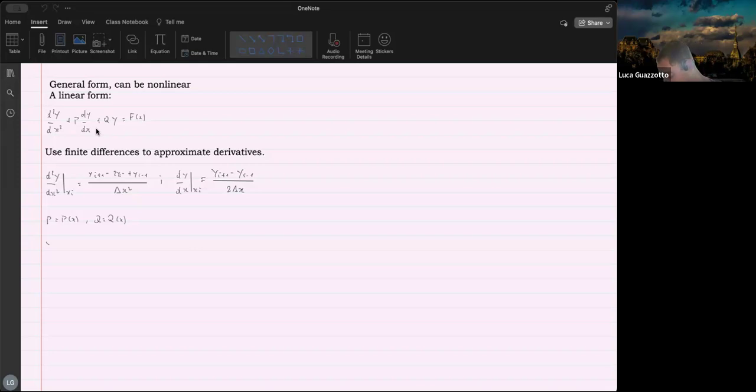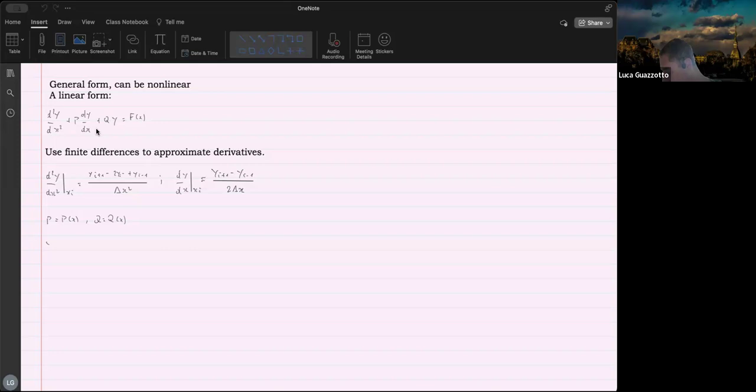Then I multiply everything by delta x squared, just for convenience, and I find 1 minus p sub i delta x over 2, times y sub i minus 1, plus q sub i times delta x squared minus 2, times y sub i, and then I have the same coefficient here, 1 plus p sub i delta x over 2, times y sub i plus 1.